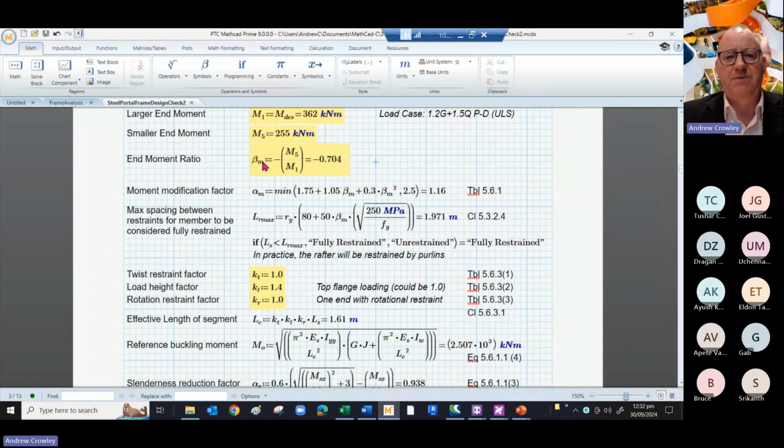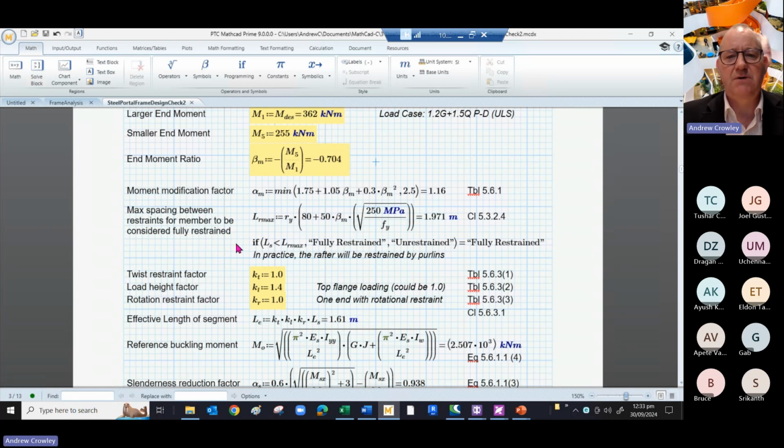We can plug that 0.7 value into the equation given in Table 5.6.1 for our style of loading, and that points out an alpha M of 1.16. We can just check whether we are restrained or unrestrained.